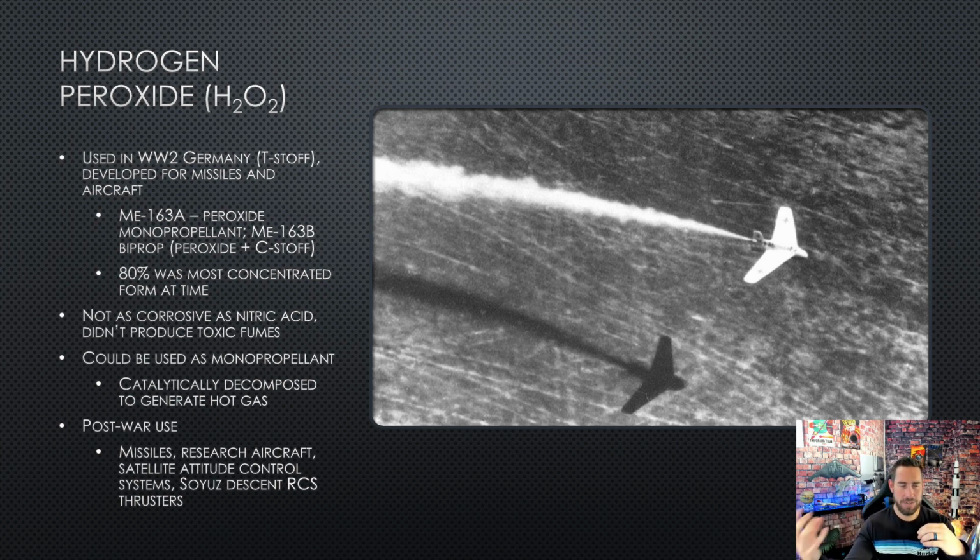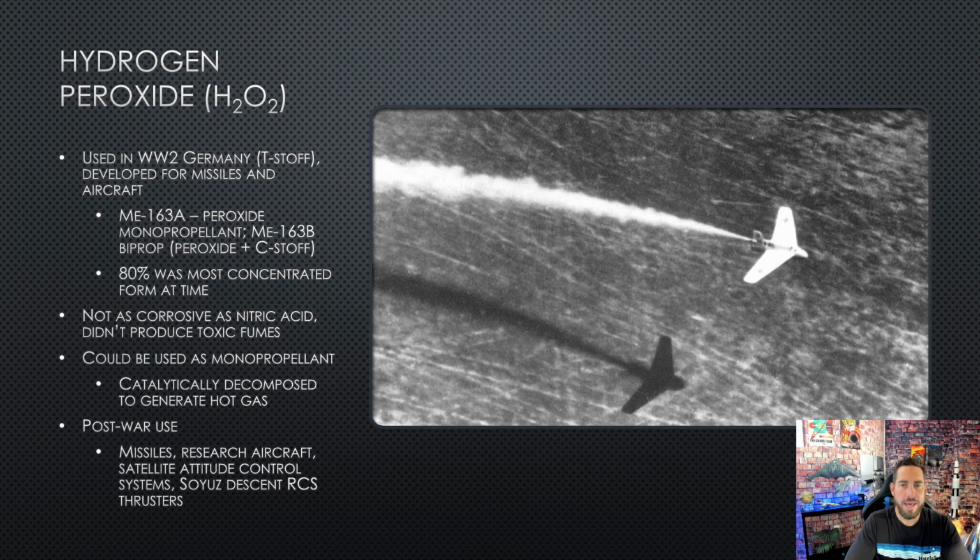It was like 57% methanol, and then the rest was water. The only reason it wasn't all hydrazine is they didn't have the capability to make it. It was really hard to come by. It was expensive to make, so they used this kind of dilute fuel. Anyway, beside the point. So that was the C-Stoff. So hydrazine plus peroxide created the propellant force for the ME-163B.